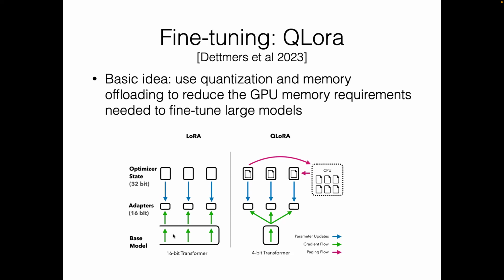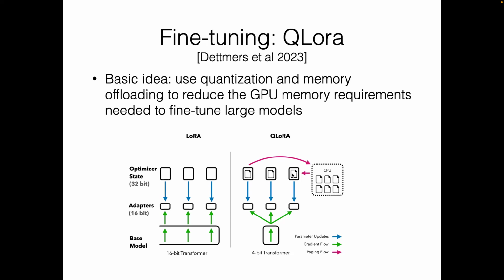And here what they're doing is you represent the model that you want to fine tune in 4 bits. Then you do the actual updates in a higher precision. So you do the LoRA thing where you have the LoRA layers, and those can actually be in a higher precision. So you save a lot of memory by representing the model this way, but then you can still have high precision updates.